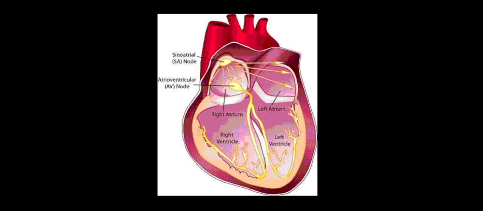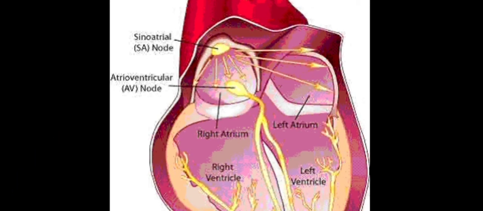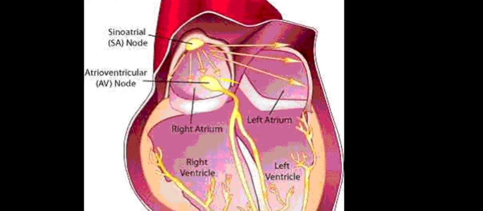Let us see the picture. Here we can see the SA node, which is present in the upper corner of the right atrium. Once the action potential is generated, it passes to both the atria, and then it is passed to the AV node, that is the atrioventricular node, which is present on the upper left corner of the right atrium.